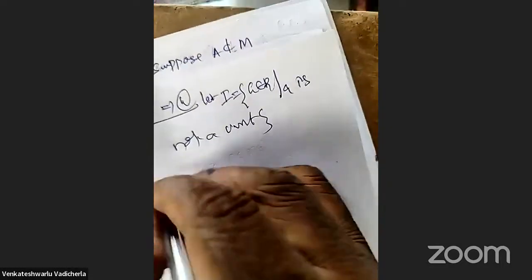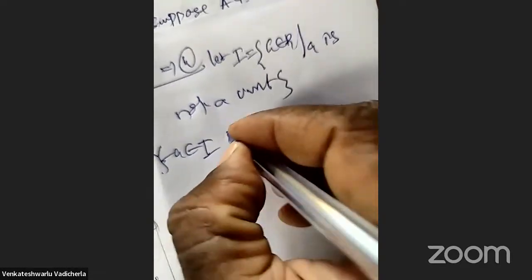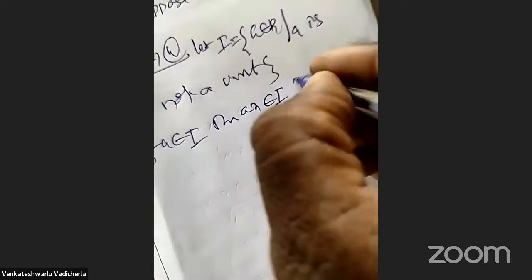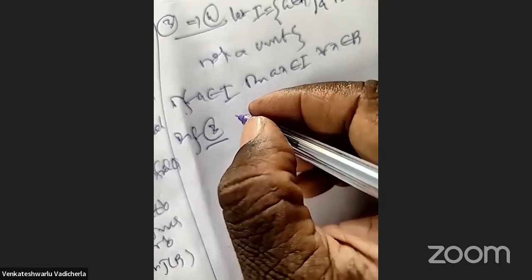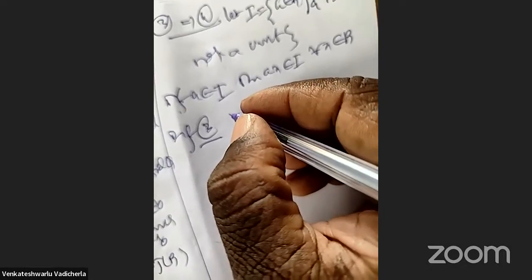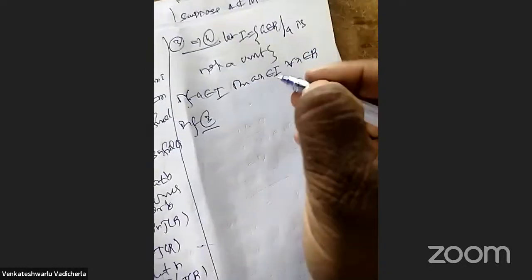Clearly, if A belongs to I and A belongs to R, then AX belongs to I for all X belonging to R. If we assume (3), it follows that the sum of any two non-units is also a non-unit. Therefore, I is an ideal of R.